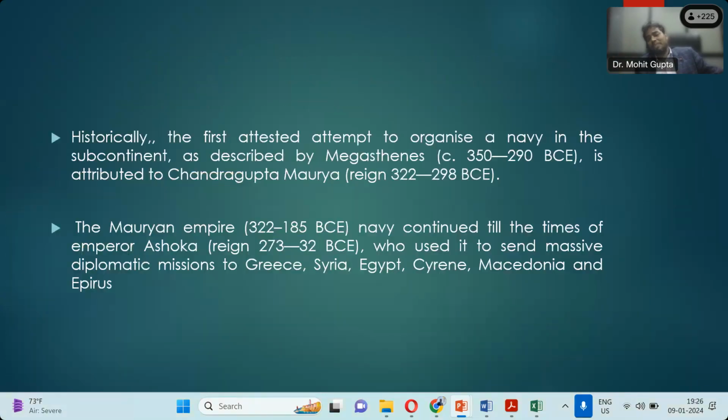In the same way, when we see some of the other texts, for instance, Chandragupta Maurya, whose regime was around 322 BC, during his regime there was a Chinese traveler who came. He wrote that the Mauryan Empire was having a well-established naval department, and it was very active in combating piracy.